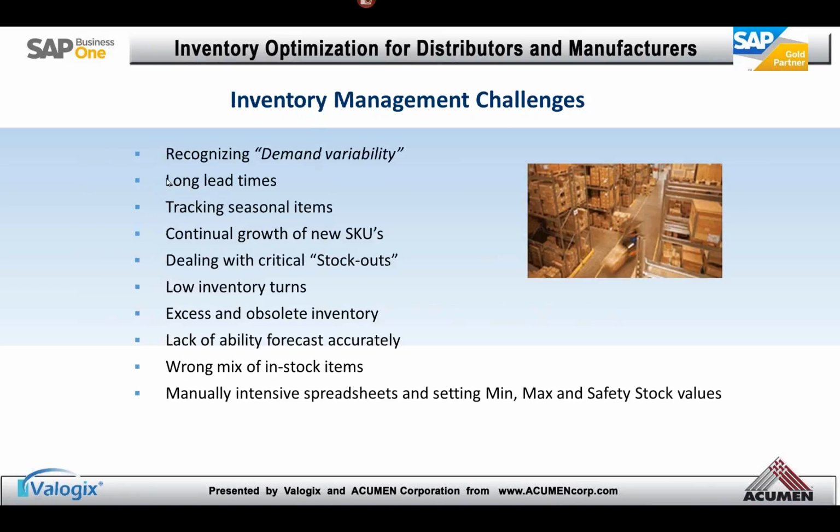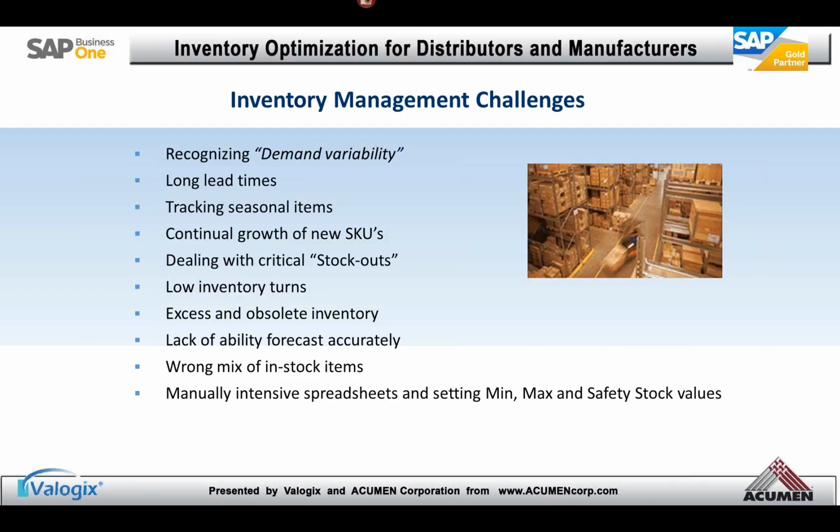The net result of these challenges are listed here. Without the proper tools, we find it can be very difficult, if not impossible, to recognize and react to variability in demand in a timely manner. If you consider that with long lead times, many organizations are purchasing from Asia.